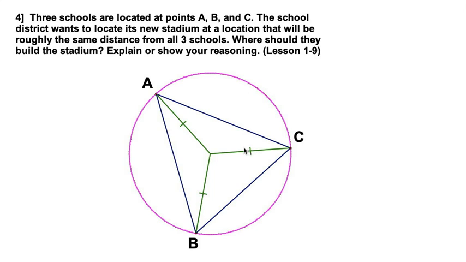And that means that this point right here is the point that is equidistant from A, B, and C. In the classic problem, roughly the same distance, because you've got other considerations like traffic and streets, but right there would be the exact center, the point that is equidistant from the 3 points A, B, and C.